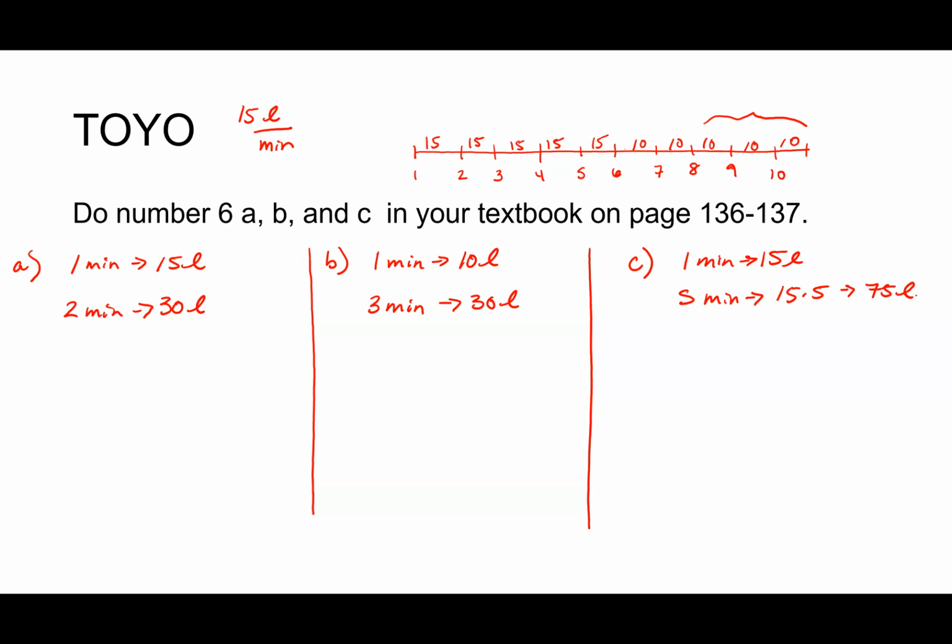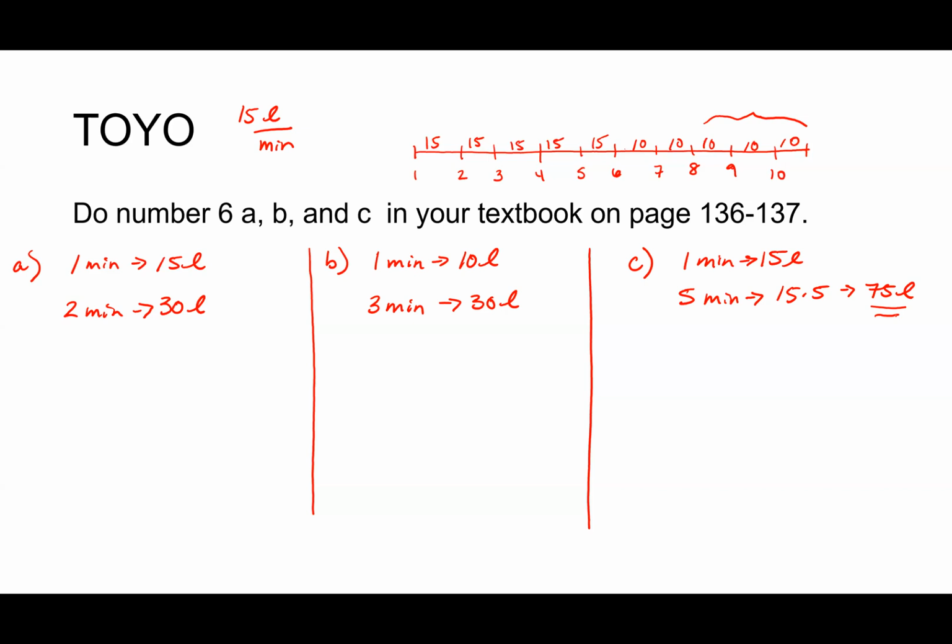And then what, Shafiq? Then for 6 minutes, I did 6 times 7. Okay, but it's only 6 minutes total. So this 75 liters represents 5 minutes' worth of volume. We've already used up 5 minutes. We just need to add on the volume of water coming out during that 6th minute.